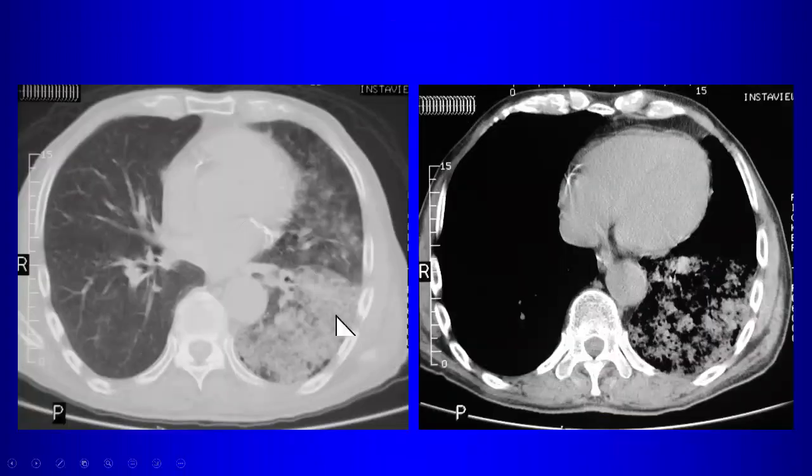So the CT scan in this case just showed the nonspecific consolidation, and this indeed was bronchoalveolar carcinoma or well-differentiated adenocarcinoma. So if we're talking about neoplasms and airspace disease, the most common would be mucinous adenocarcinoma.